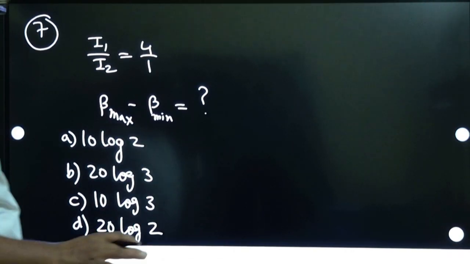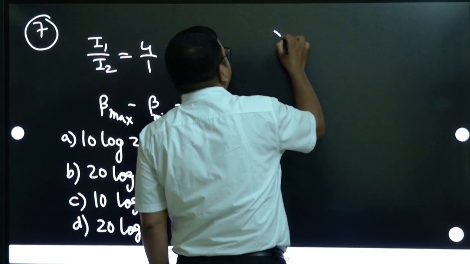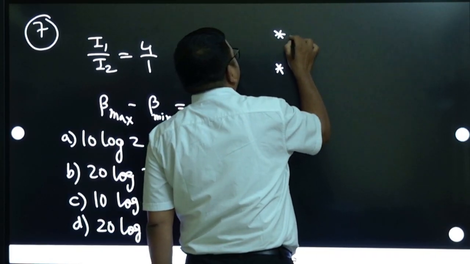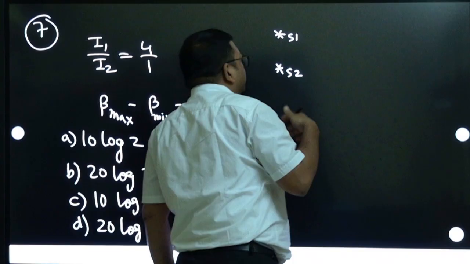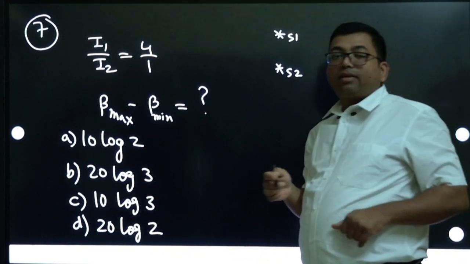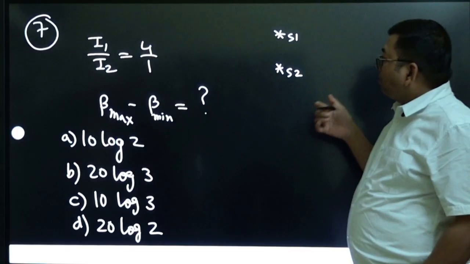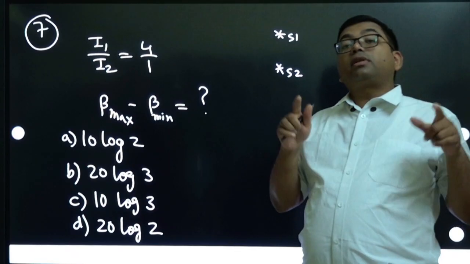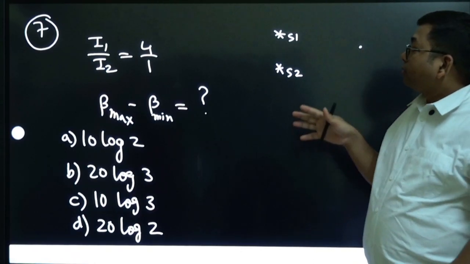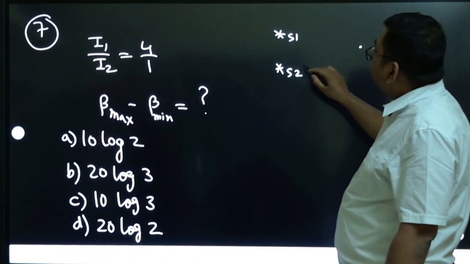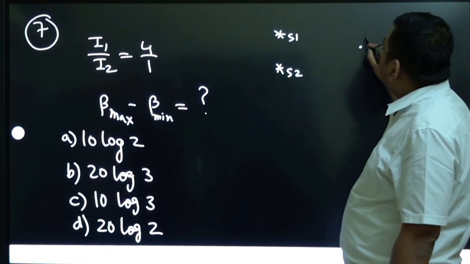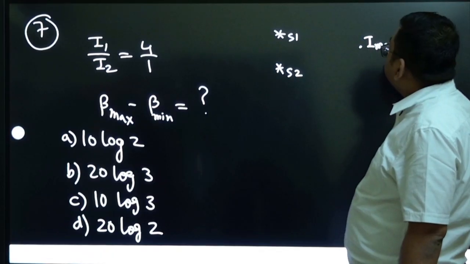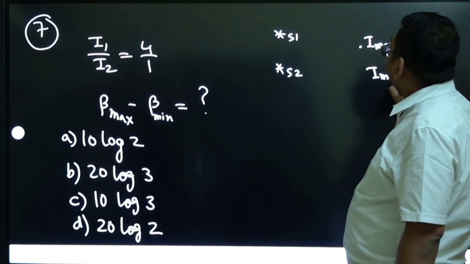Note that question you have to understand properly. There are two sources, first source and second source. Their intensity ratios are given. At any point you take, there will be maxima and minima happening. So this question is related with superposition also. Maximum and minimum means there is a superposition happening, and you have to think about maximum intensity and minimum intensity.